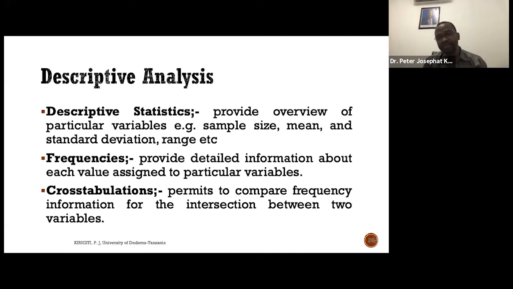You can go for the measurement, for the summary of measures. For instance, mean and the median. This is the measure of central tendency. You can opt to go for the standard deviation, which is the measure of dispersion. Or you can opt to go through the measure of distribution.